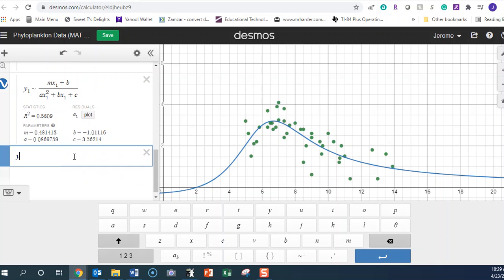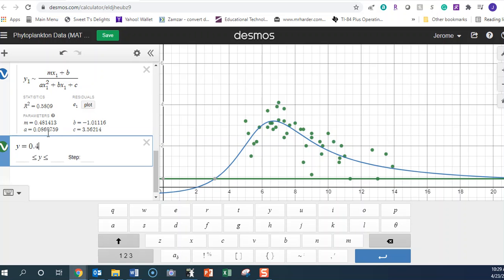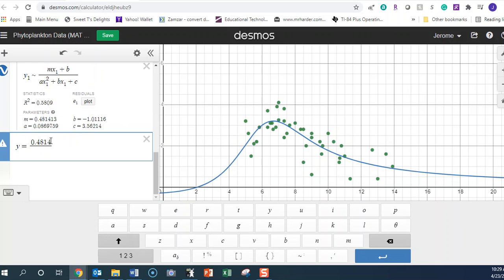So we would do y is equal to, now the m here is, we're going to round to 4 decimal places, 0.4814. And then we're going to do a division. I like to get that out the way. And then we'll put x. And then b is a negative, so we'll put minus 1.0112. So that took care of the linear function.